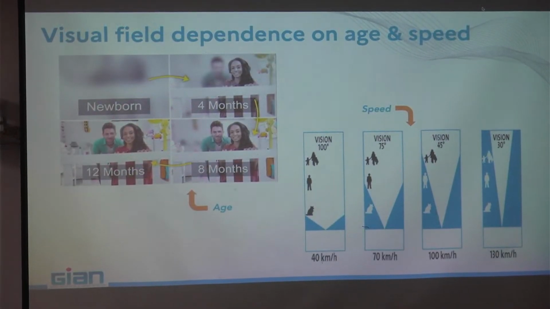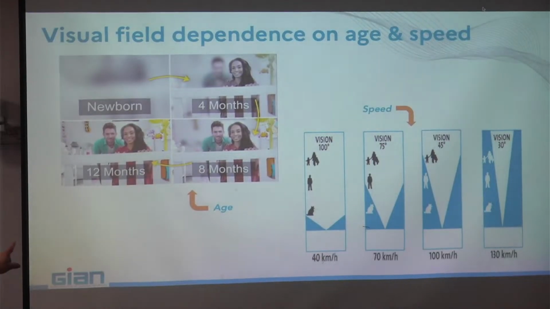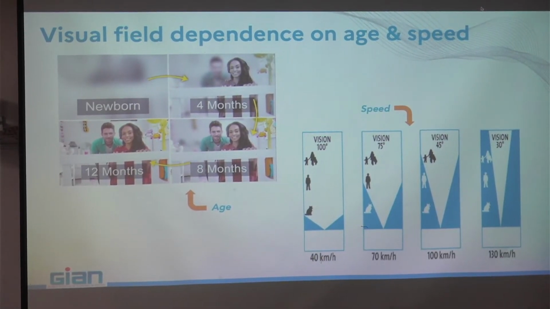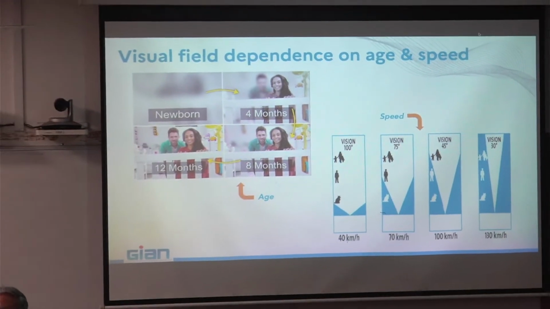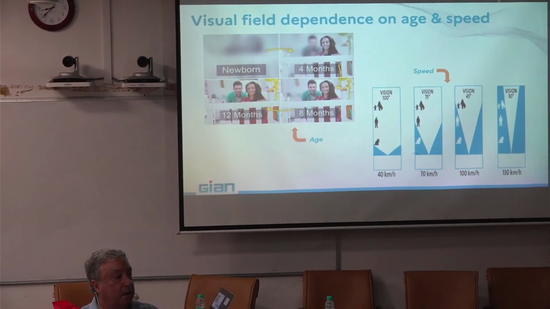A newborn baby sees almost 30 degrees in front of him. You know very well that when you go to see a small baby and you call him or her, the baby always searches for where the voice is coming from.